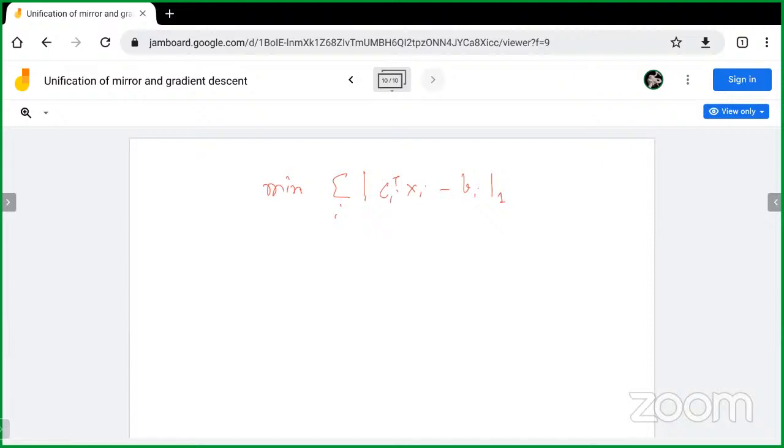Here again, it turns out that using a different norm while doing optimization is better.